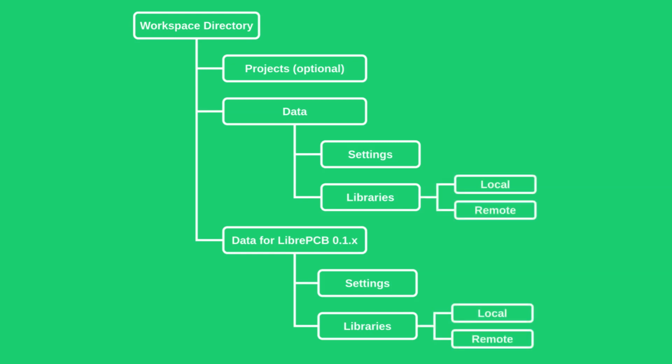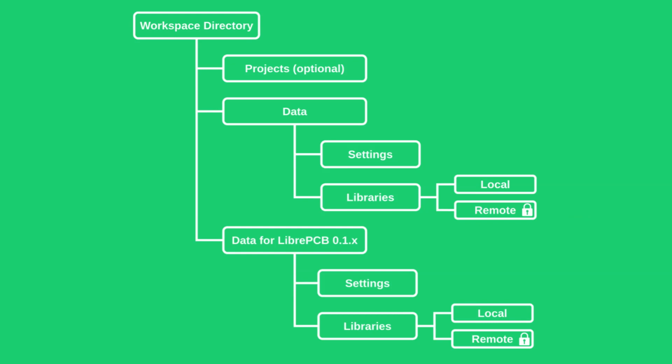Depending on how they are added, LibrePCB distinguishes between local libraries and remote libraries. Local libraries are entirely managed by yourself. You add them by yourself to the workspace and you're responsible for populating them with content by creating symbols, footprints, and so on. Remote libraries on the other hand are managed by LibrePCB and are installed read-only, so you can't modify them.